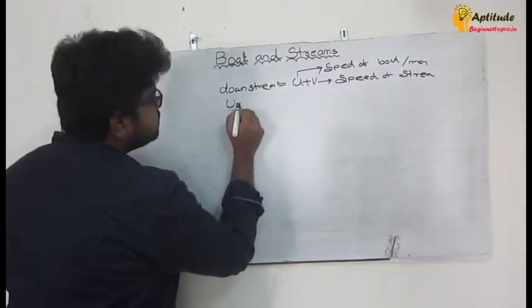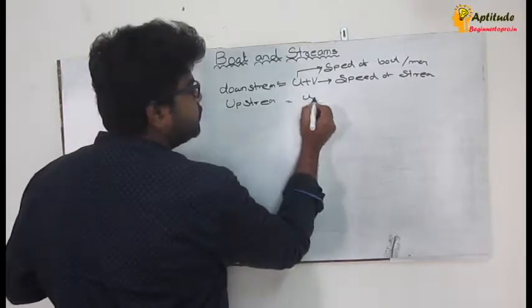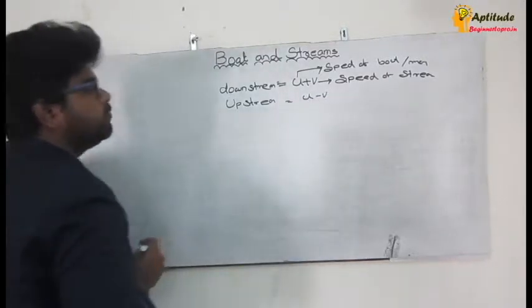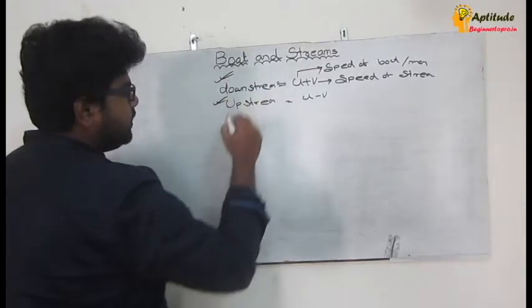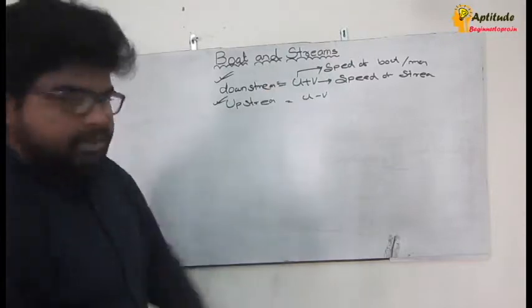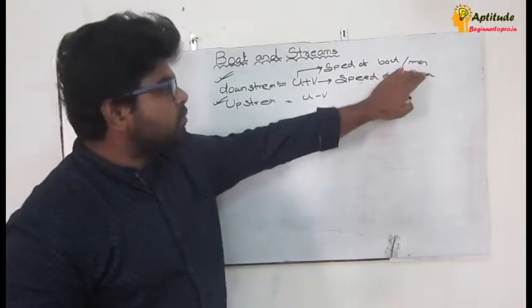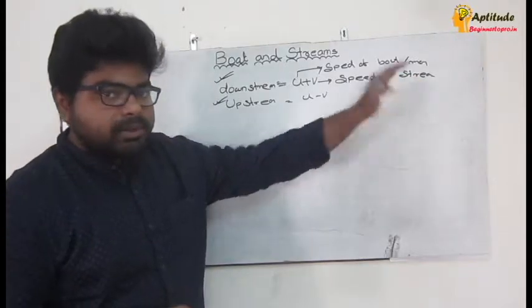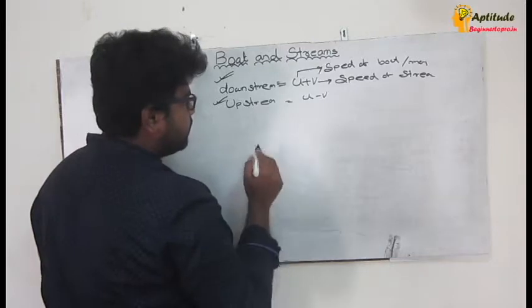Similarly, upstream is u minus v. In the question we have upstream and downstream. How can we calculate the speed of the boat or the speed of the stream separately?